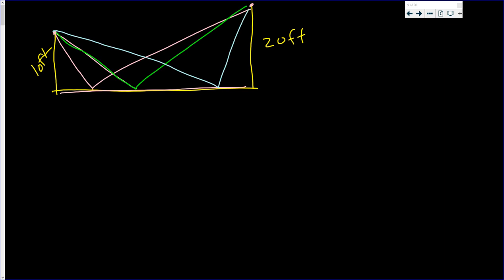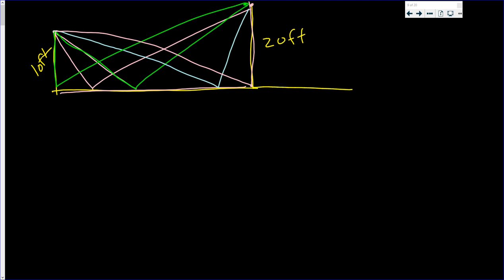Of course, if you want, you can go straight down and then up to that point. Or you can go all the way over to this point and go up. Okay, it's somewhat ridiculous to go out here and then go up.